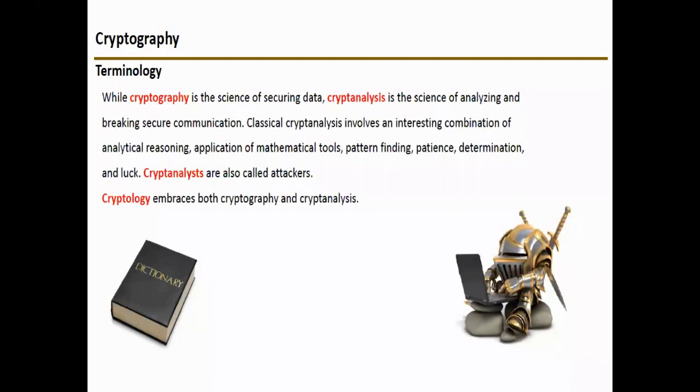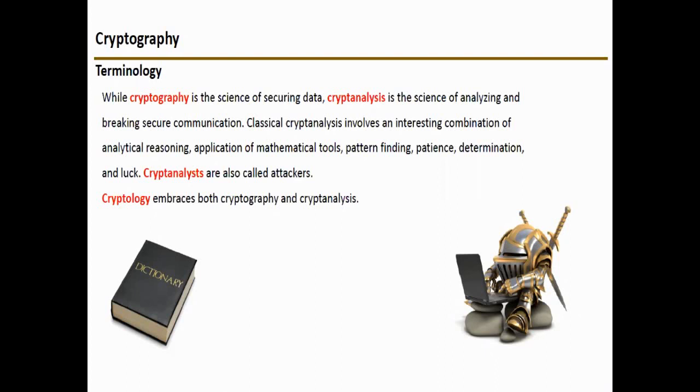So cryptanalysis can be used for a good purpose, and in one sense can also be used for a very wrong purpose. But why do we need to know cryptanalysis? Because we need to understand the way attackers can find a loophole in my crypto algorithm.